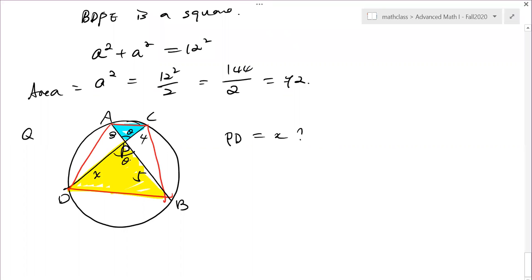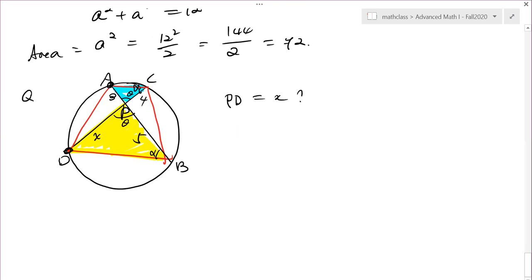Then I claim the angle here, alpha, is the same angle as this one. You know why? Because they have the same foot points, A and D.